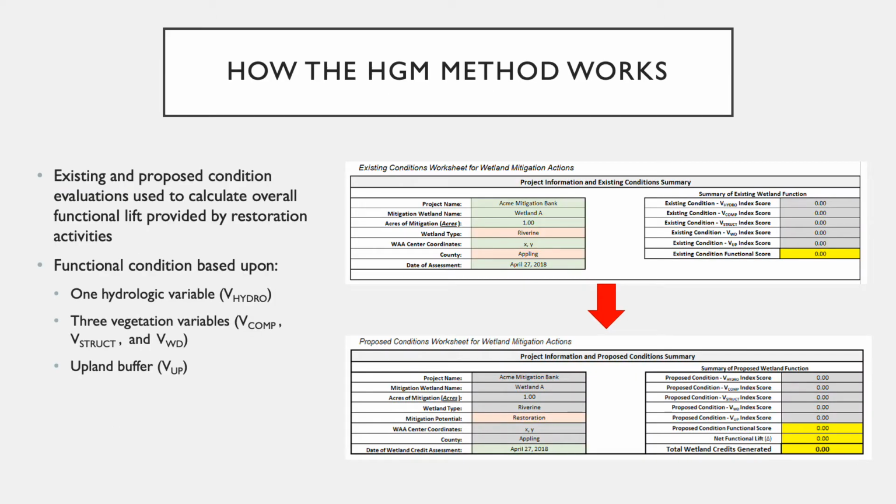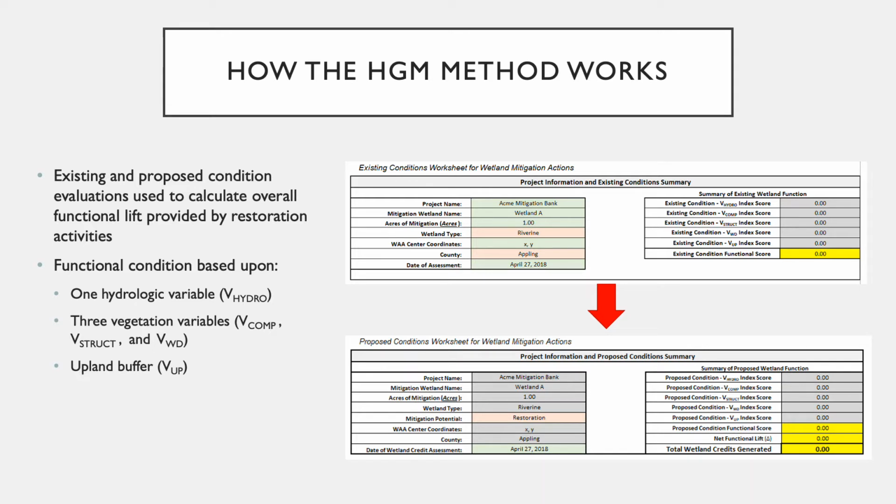To calculate both existing and proposed wetland functional condition, the Georgia HGM relies upon the quantification of 5 variables, which are a subset of those variables provided in the regional guidebook for applying the HGM approach to assessing wetland functions of forested wetlands and alluvial valleys of the coastal plain of the southeastern United States.